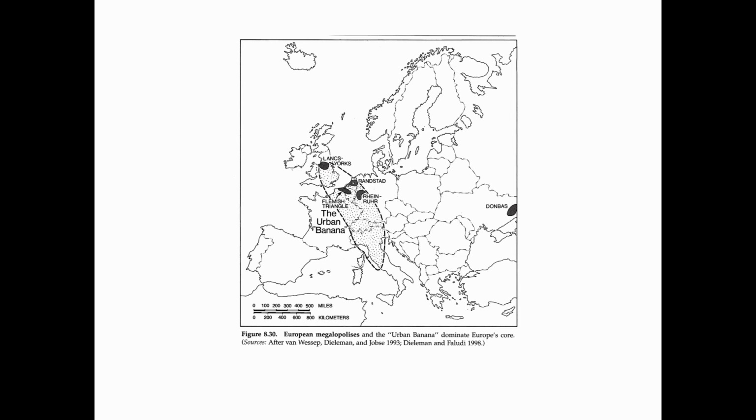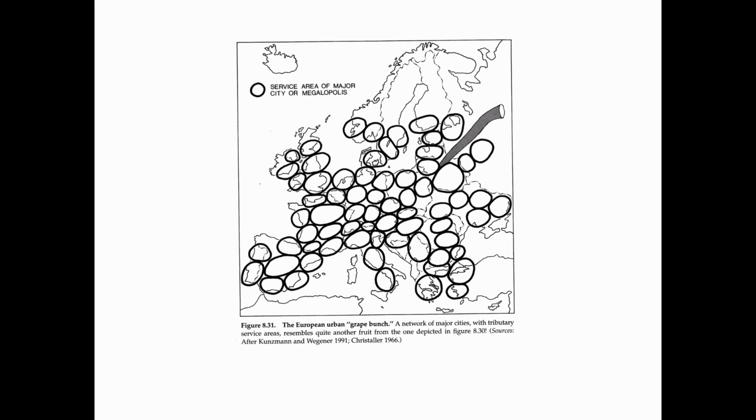So some geographers contend that the Randstad, the Rhine-Ruhr, and the Flemish Diamond have all begun to coalesce into a single supercity. This is represented here as the urban banana. It is non-continuous, and others have other feelings about whether or not this large metropolitan area actually exists.